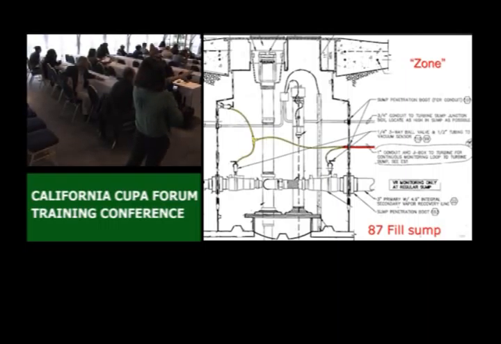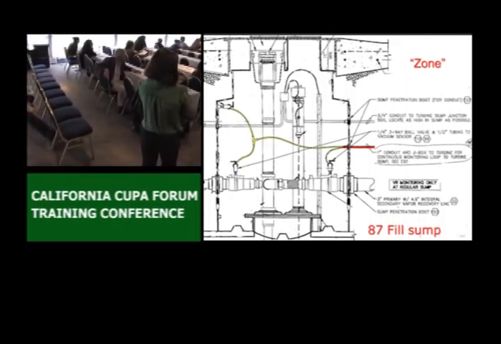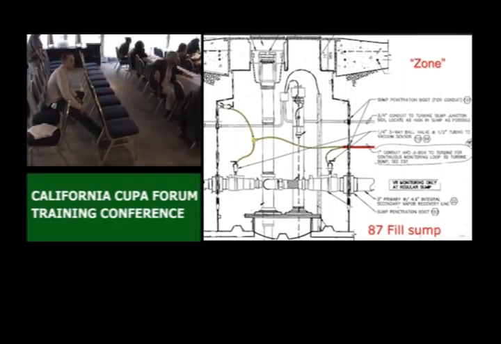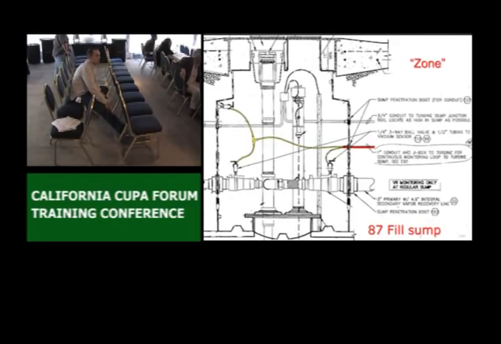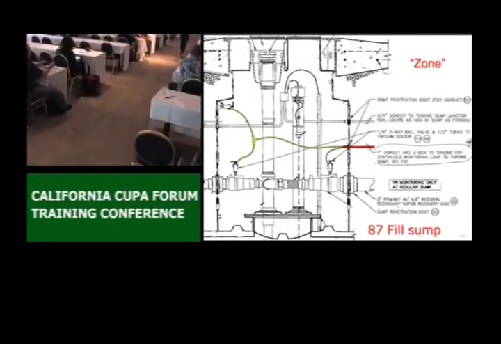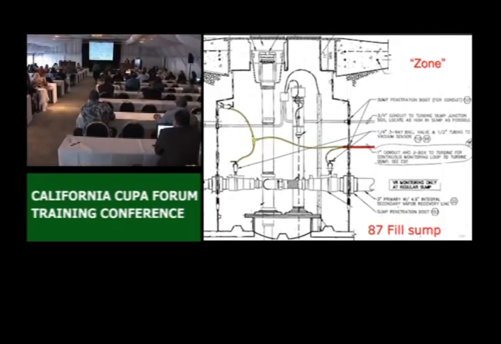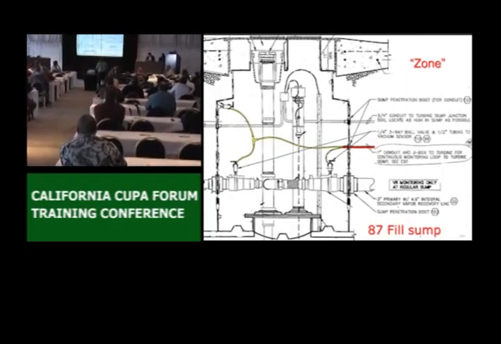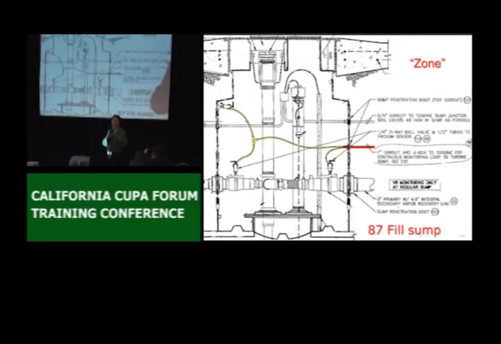So on this particular zone, whether it's configuration based on 113 or manufacturer, or just the ease of creating this system at this particular location, and I'm sure there's lots of different variables, but this example is a zone that will only monitor the 87 fill sump interstice, and this is the vapor recovery line. So this is typical, 1, 2, or 3 components of one grade that might be under one zone.